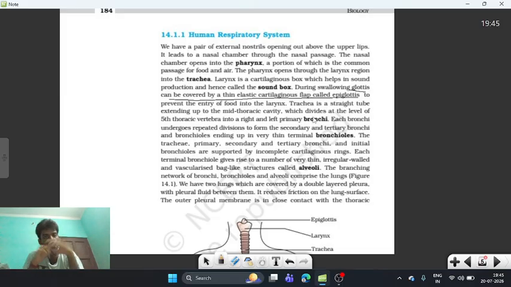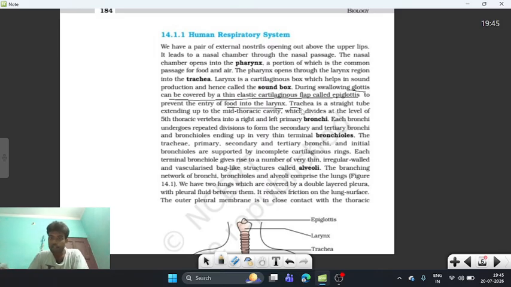Glottis is the opening. Epiglottis is the covering. Whenever we are breathing, the epiglottis covers the food pipe. Whenever we are eating, the epiglottis covers the air pipe. So at one time, only one thing goes. This is to prevent the entry of food into the larynx. If the food enters into the larynx, what happens? We cough it out.